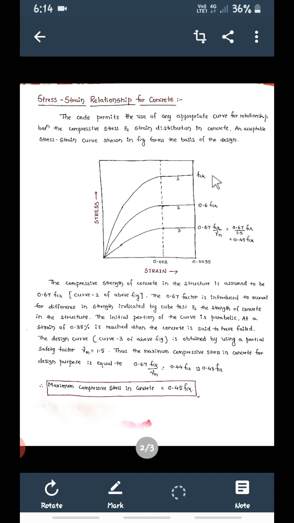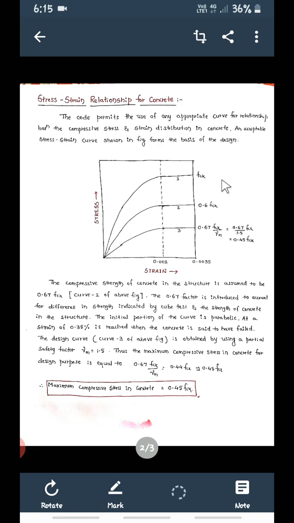But the same concrete, when you want to use it in site conditions, will be different. There are many variables, changes that will take place. So if the concrete gives 20 Newton per mm square in the laboratory test, it may not give 20 when the same concrete is used at the site. So reduction will be there.